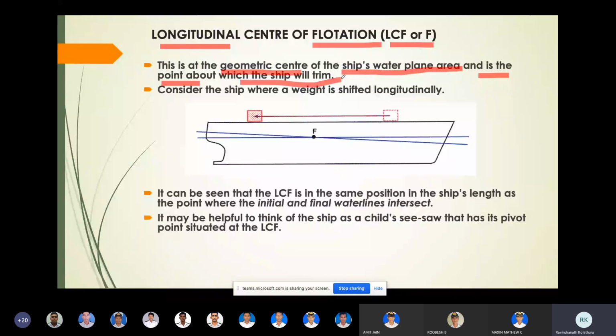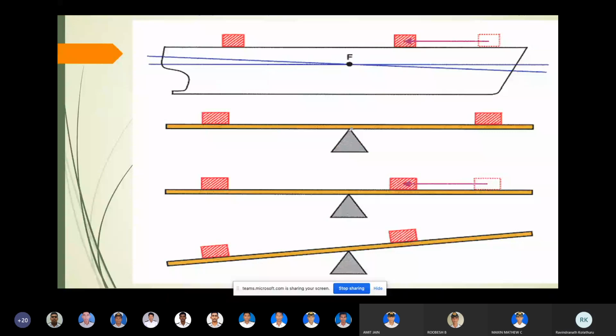If you say this is the ship, and this is your F, this will be your pivot. By this axis only your vessel goes up and down in the longitudinal axis. So it acts as a pivot. If you take it as a seesaw, this is your F. Now the F value doesn't have to be at the center.